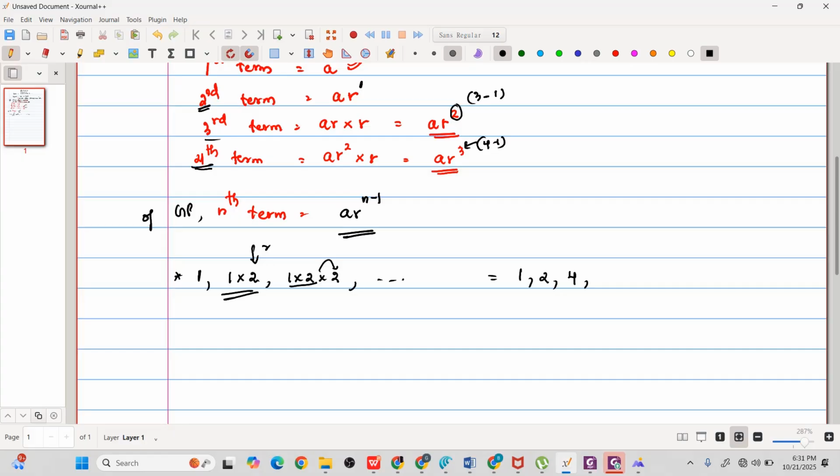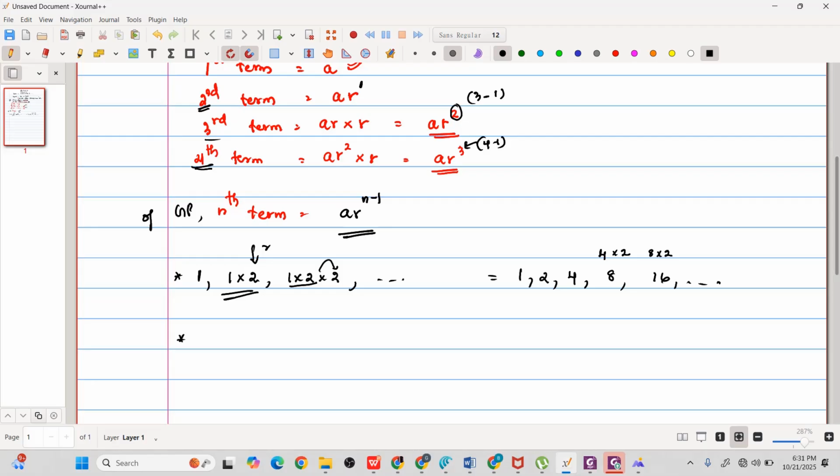Then next will be 4 times 2, which is 8, and the next one 8 times 2, which is 16, etc. will be the corresponding GP. So the common ratio is taken as r here.